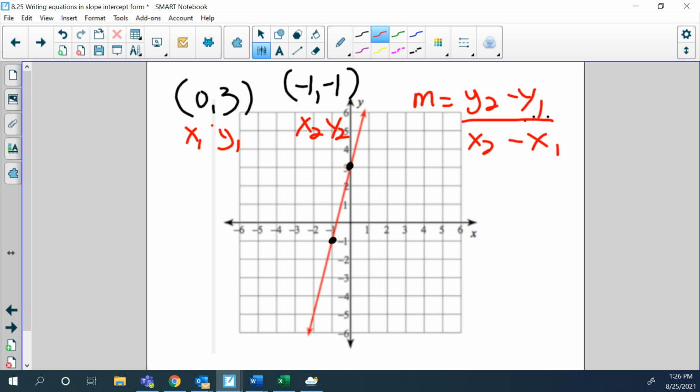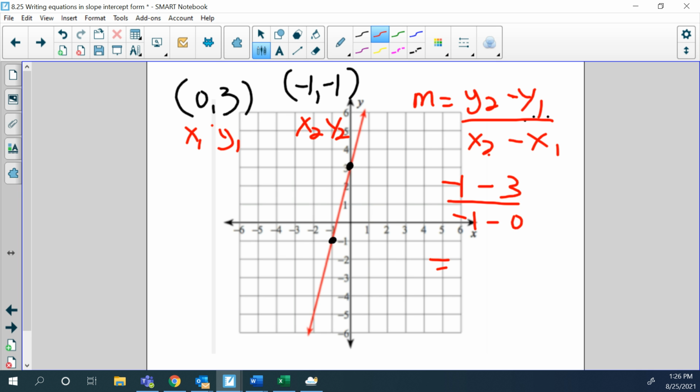Let's plug in our values now. My y2 is -1 minus my y1 is 3, over my x2 is -1 and my x1 is 0, minus 0.